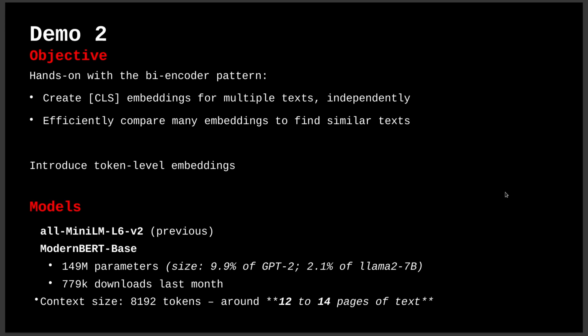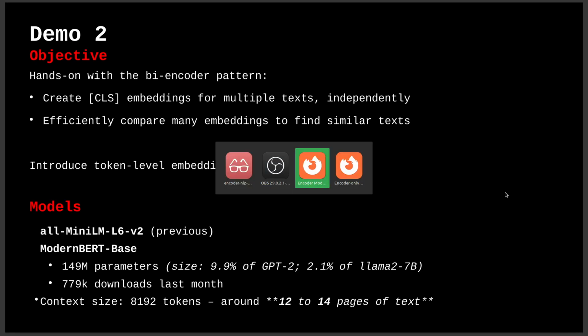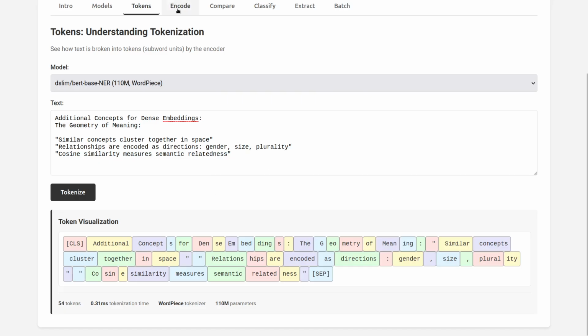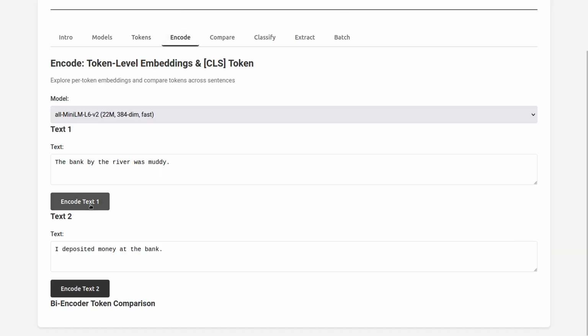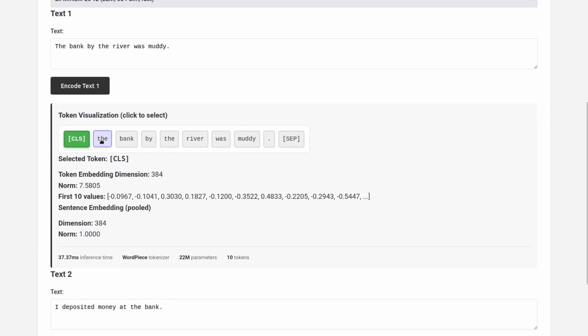So let's have a look at this, and we'll go to the encode tab. The first thing we'll see is the tokens that appeared in this text. And of course, this embedding vector is, according to this model, 384 values long.